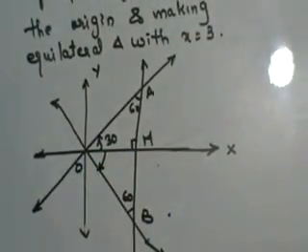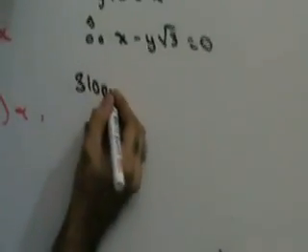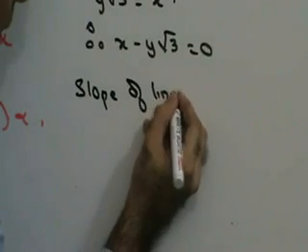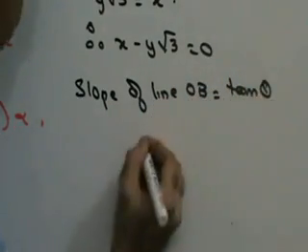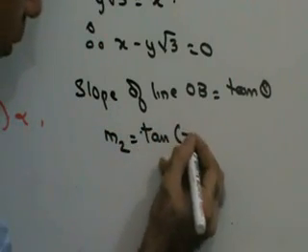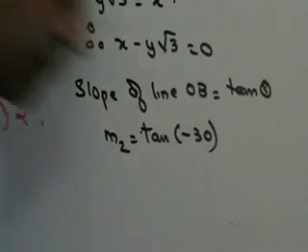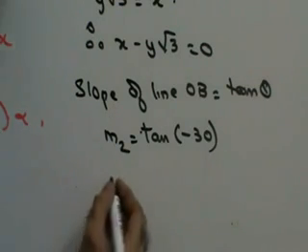Similarly, if we look at the figure, this angle will also be 30 degree but clockwise. Therefore I can say that slope of line OB is going to be tan theta, which we'll call M2, is tan of minus 30 degree. Since the angle is being read clockwise, I'll have to represent it as a negative angle.